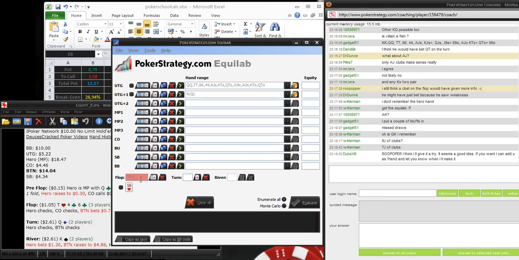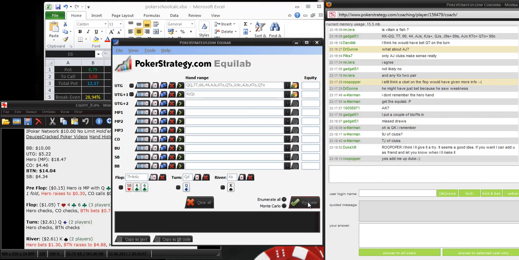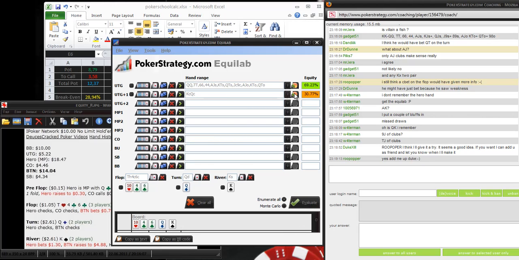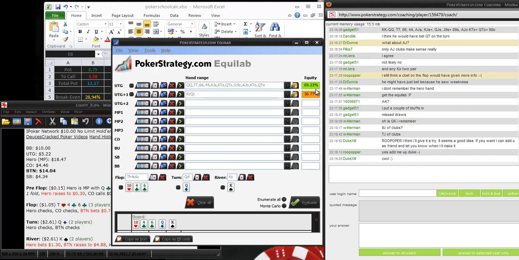Then heart four, clubs, 6 club, queen diamond, king spade, and as you see, we need on the river about 30% of equity, and now is the question if we can get it. And as you see, we are actually pretty close between getting the equity or not, but it seems that we are still even earning a small profit from there.